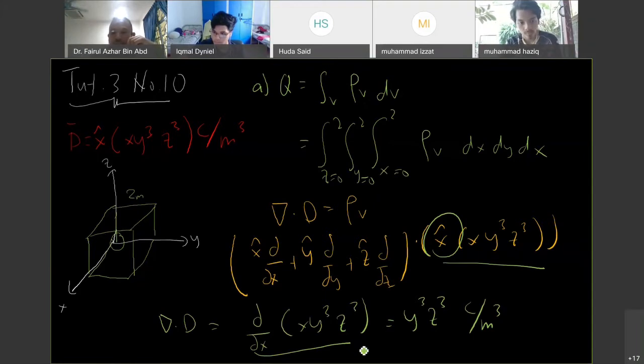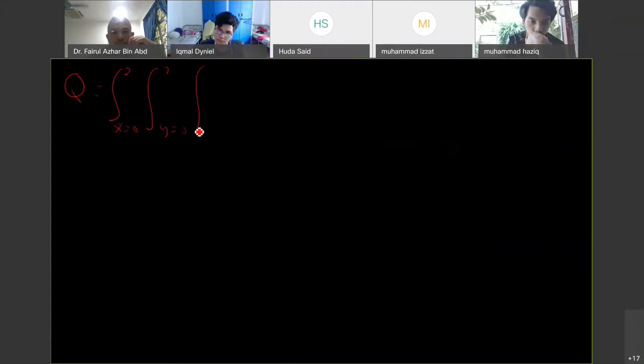Whenever we solve this expression, we need to put this expression inside this operation. So we will have Q equal to the integration of x from 0 until 2, y from 0 until 2, z from 0 until 2.